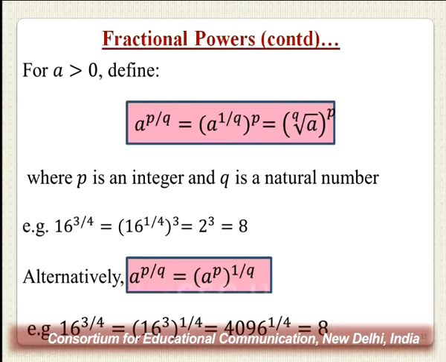Now if you can see here what the numbers are like, and actually you should be doing these calculations yourself, this method becomes a little cumbersome, because here you're dealing with big numbers. 16 to the power 3 is 4096, and then you have to take the fourth root, so that gives you 8 as well, but certainly the first way of doing things is easier, because first, by taking the fourth root or whichever qth root, you bring the number down considerably, and then you raise it to whichever power you are asked to raise.